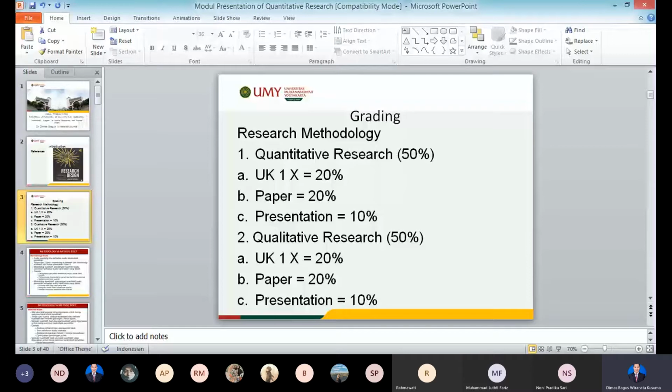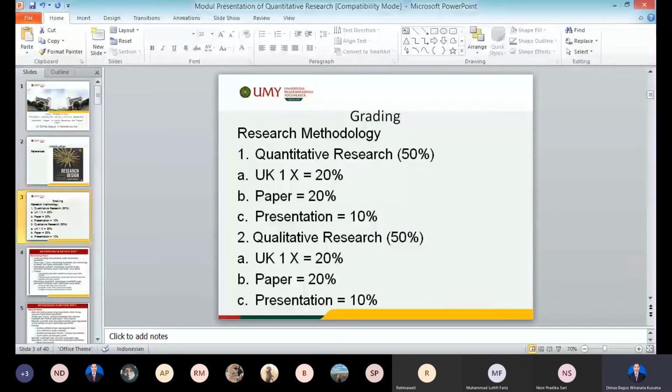In the first several meetings, I will be the one focusing on quantitative research, and the next several meetings will be followed by other lecturers focusing on qualitative research.